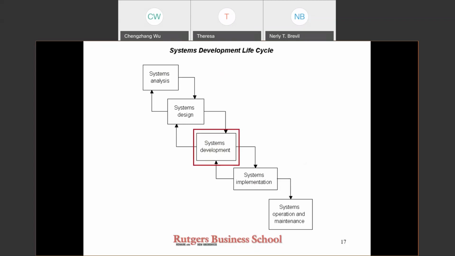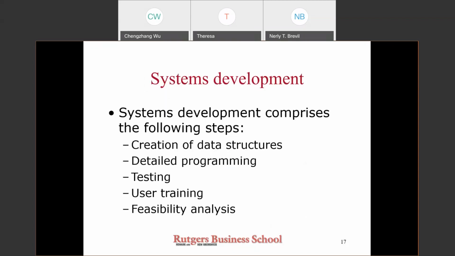The next chapter provides details of the development process of the database based information system. But here, let me tell you that system development comprises 5 steps. 1. Creation of data structures. 2. Detailed programming. 3. Testing. 4. User training. And lastly, of course, feasibility analysis.